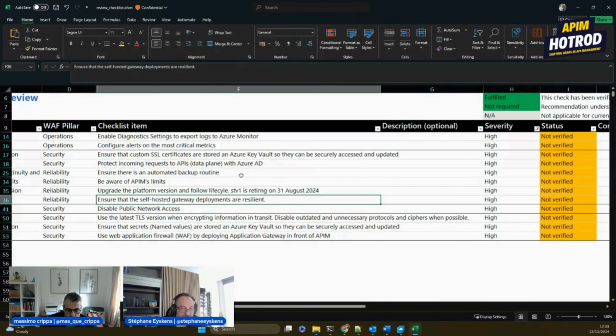So that's for sure. Yes, self-hosted gateway deployments are resilient. So of course, if you would use a self-hosted gateway, right, it's typically in Kubernetes, and then to be resilient, what do you have to do? Well, it's actually quite easy. You have, let's say, your gateway running as a pod inside of Kubernetes.